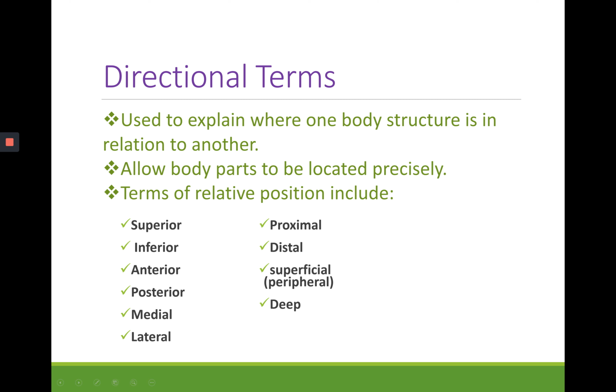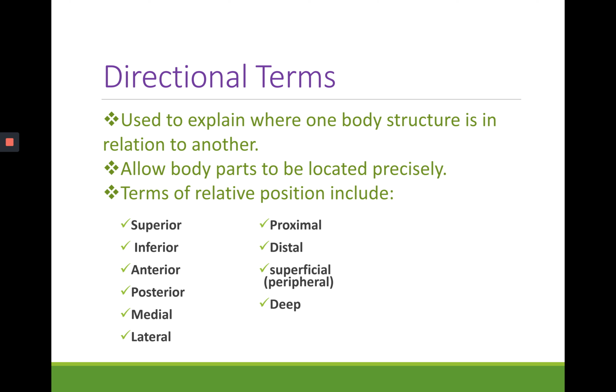So our directional terms are superior, inferior, anterior, posterior, medial, lateral, proximal, distal, superficial, and deep. I'm going to give you a quick definition for them, and then we'll look at them in more detail. Superior means above the other structure, or towards the head compared to the other structure.